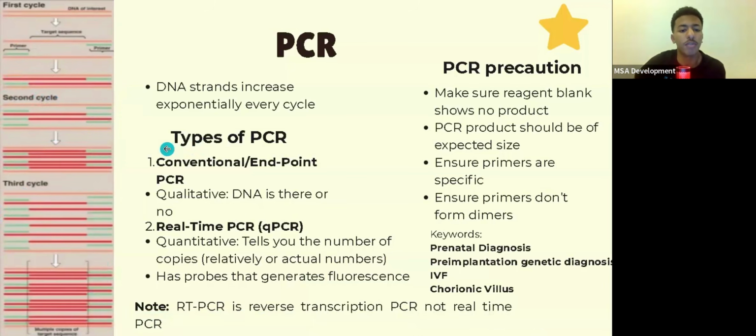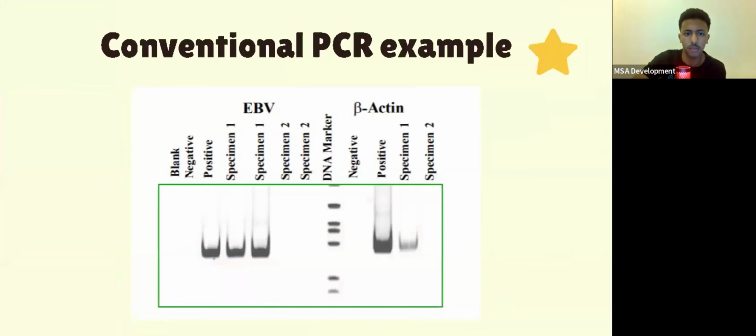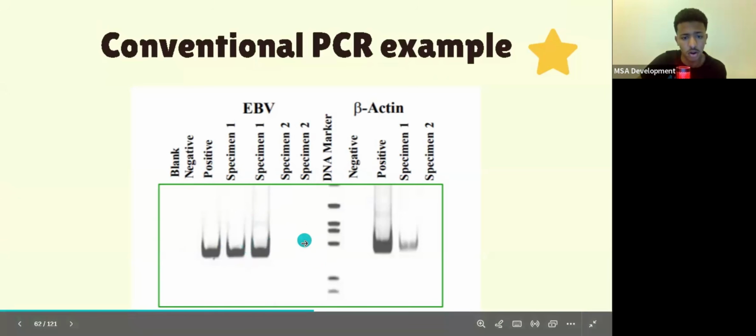And then there's a couple of types of PCR. The first one is conventional or endpoint PCR, and it's qualitative. It tells you if DNA is present or DNA is not present. We're going to go through an example in a bit. It either tells you if the DNA is present or if it's not present. It doesn't give you a value.